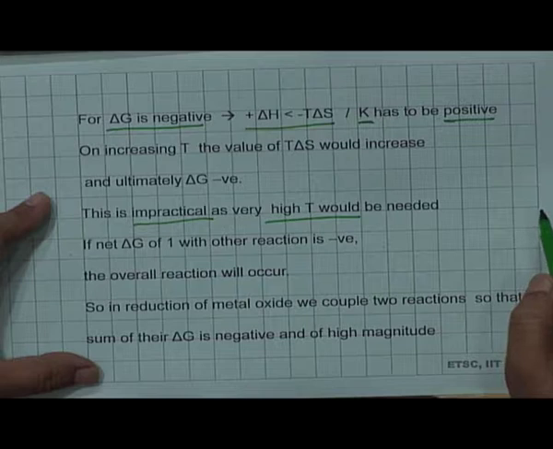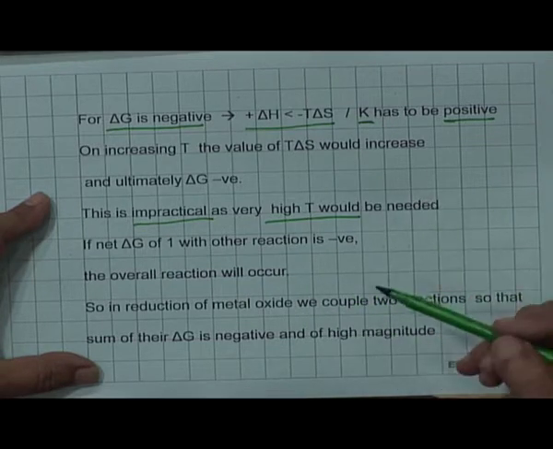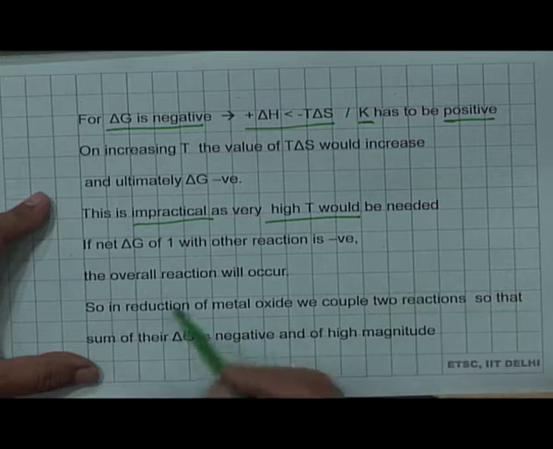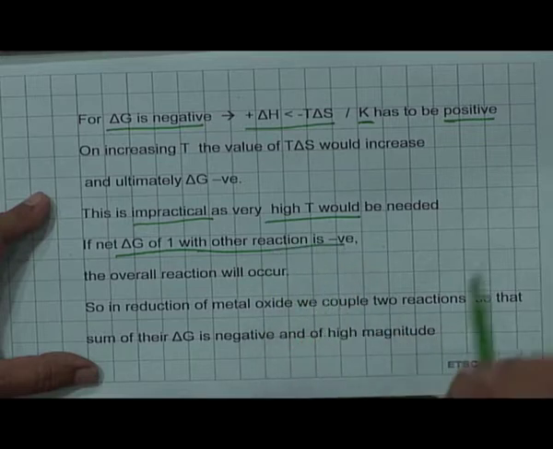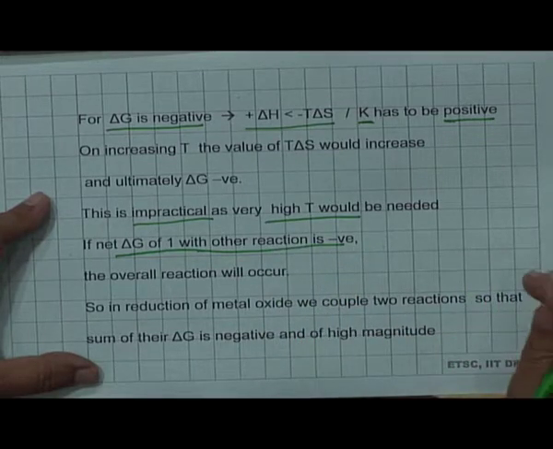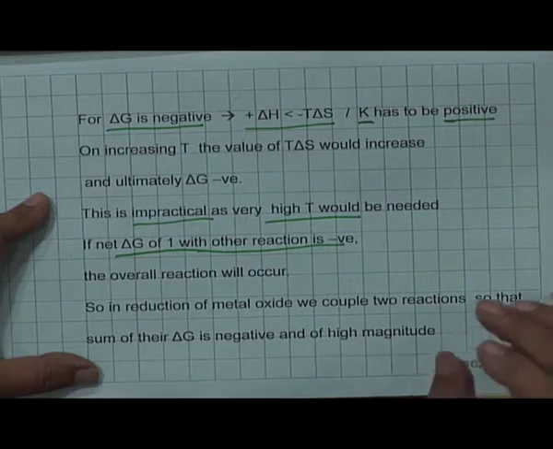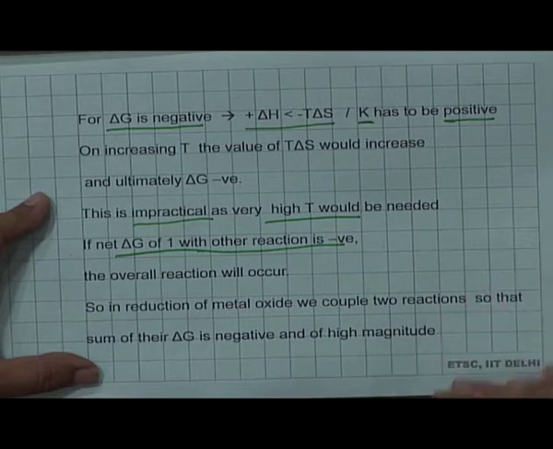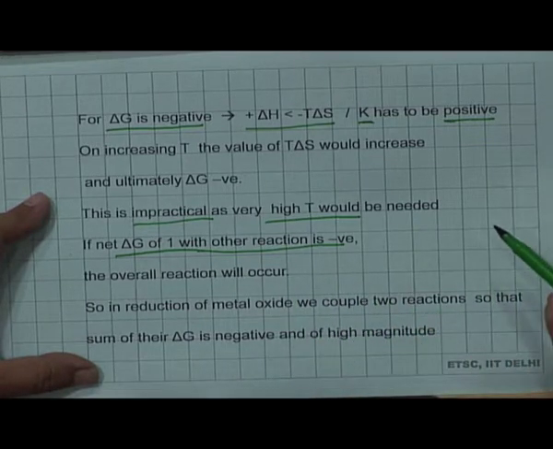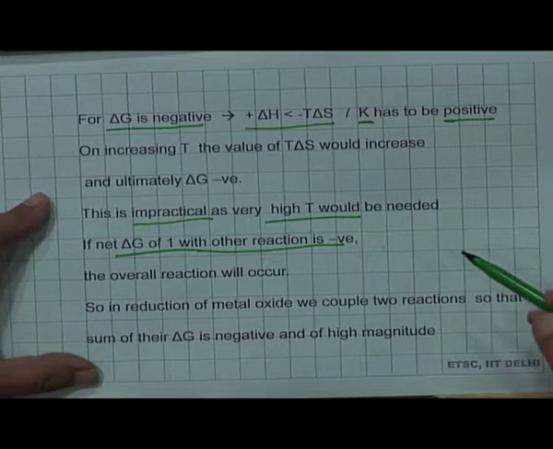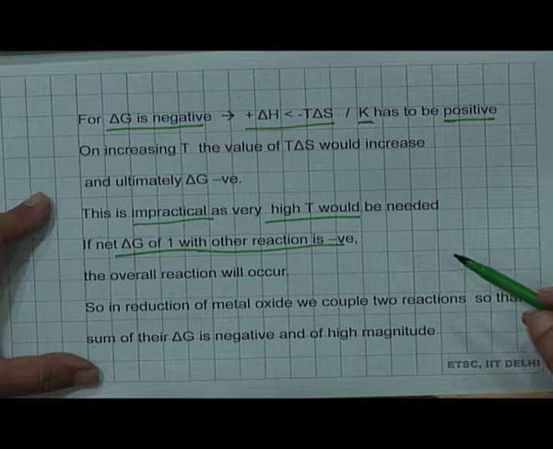So, what is needed? That we combine another reaction with it, right, so that net delta G becomes negative and the overall reaction will occur. This is the key to selecting the reducing agent, because the reducing agent is the one which has negative delta G, either because it is exothermic in nature, or it is exothermic in nature plus delta S is positive, either of the two or both of them together.